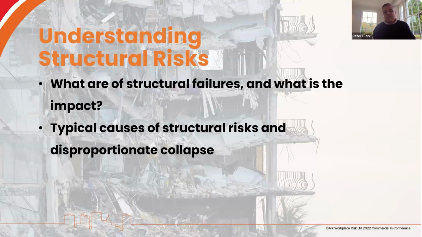But taking those out of the equation, there's an awful lot we can do regarding the structural safety of buildings, and in particular disproportionate collapse. A disproportionate collapse is a situation where a minor failure leads to a cascading series of failures, causing a potentially catastrophic collapse. This is going to occur mainly where the structural design lacks adequate redundancy in components.